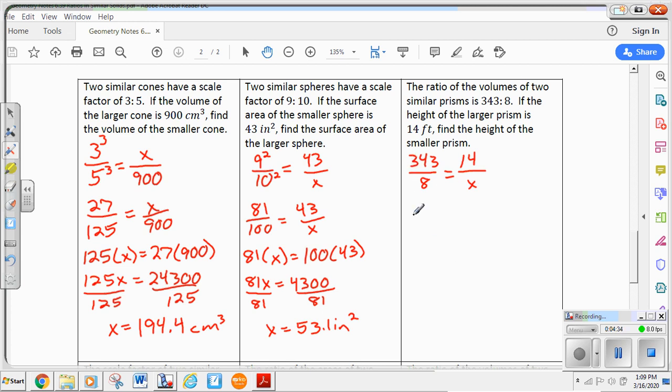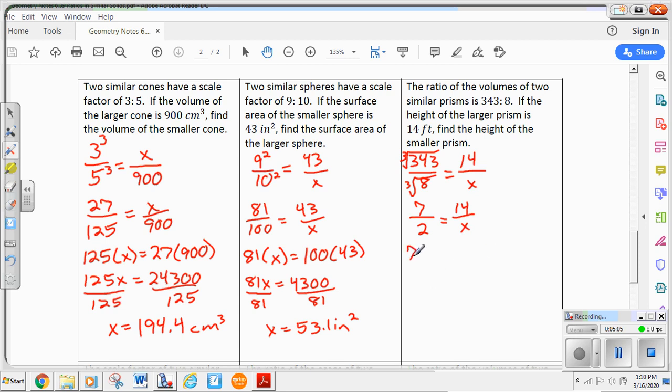Volume is 3 dimensions. Height is 1 dimension. To make 3 dimensions match 1 dimension, we will take the cube root of the 3-dimension ratio. The cube root of 343 is 7, and the cube root of 8 is 2. Now the dimensions match, and we can solve the proportion.